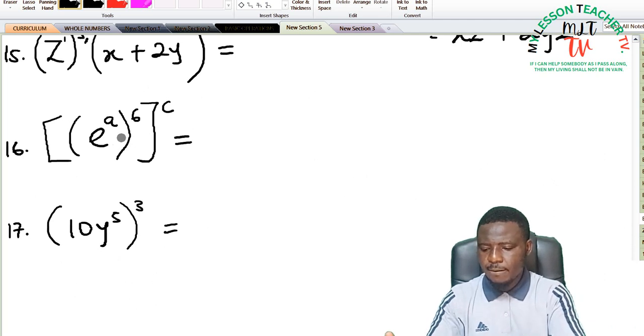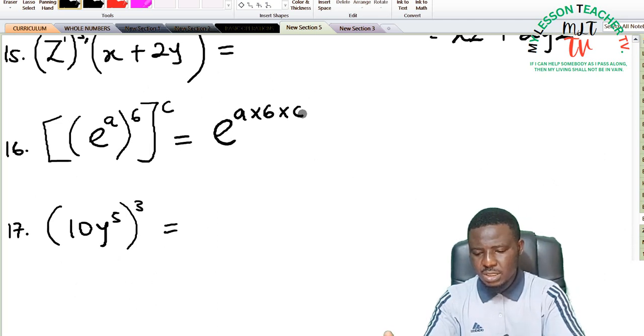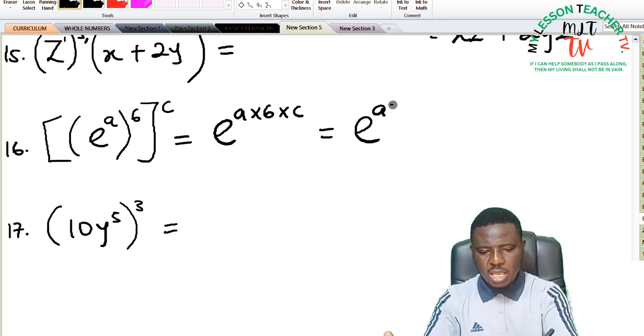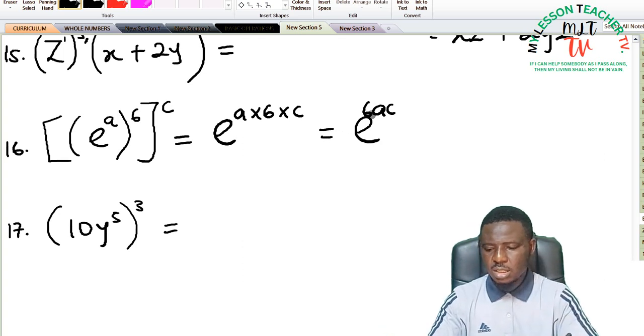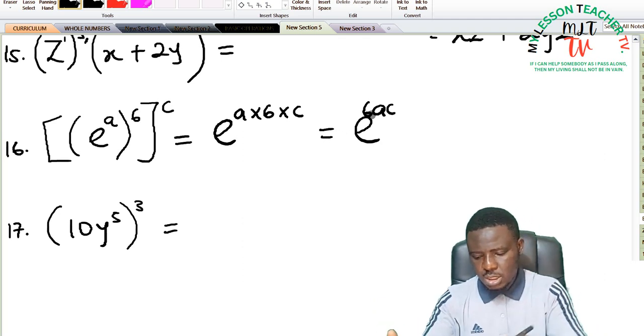In question 16, this is going to give me exponential a times 6 times c, and this is equal to exponential 6ac, because you arrange them in alphanumerical order, so 6 should come before a and c.